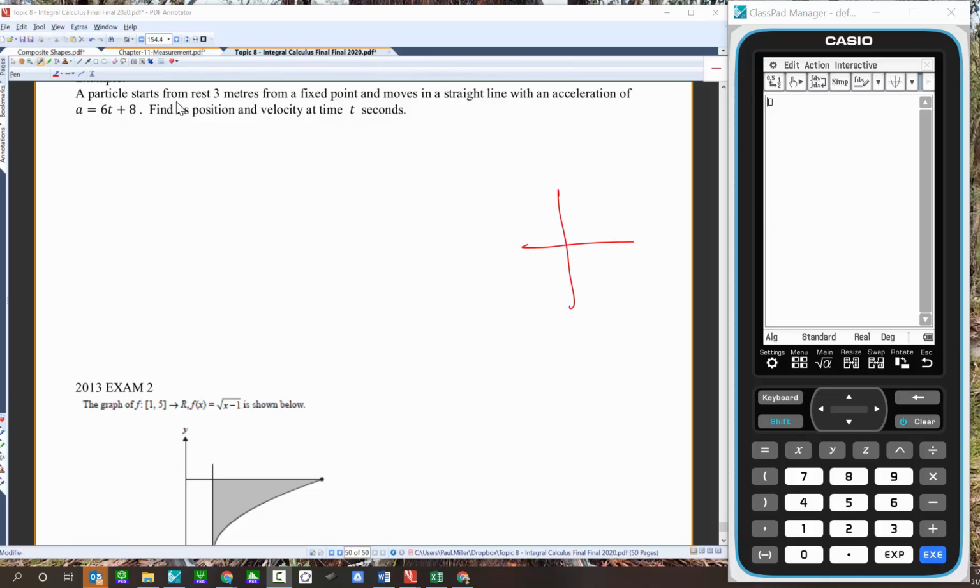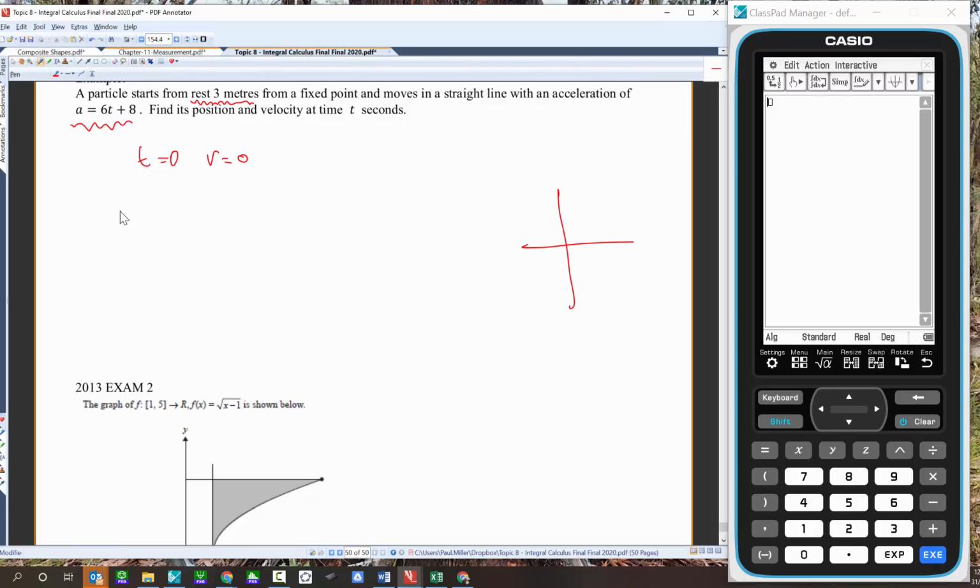Now this starts from rest is an important thing to note, okay, because what it means when it says it starts from rest is that its velocity, so when t is equal to 0, its velocity will also be 0, okay? Now that's going to help us go backwards from our acceleration function to the velocity function.